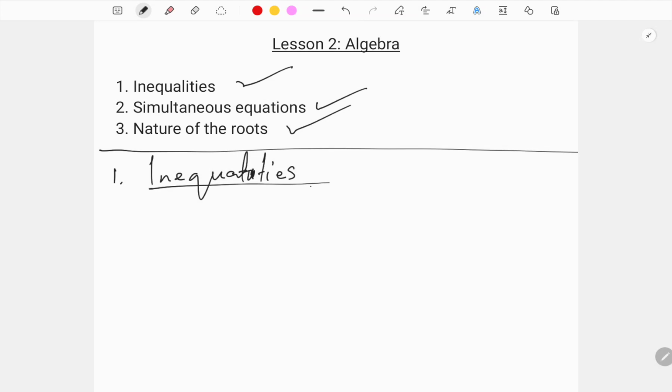So the quadratic inequalities are all derived from the standard quadratic equation that we know. That includes ax squared plus bx plus c. But now we're not gonna equate the equation to 0, because in simpler terms, a quadratic inequality is a function whose degree is 2, and whereby y is not always exactly equal to the function.